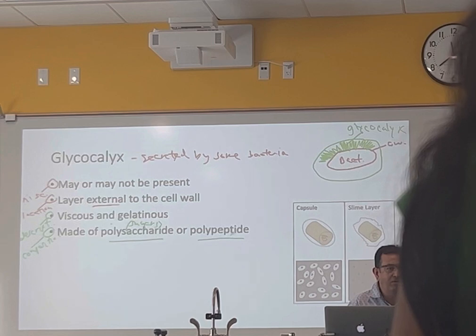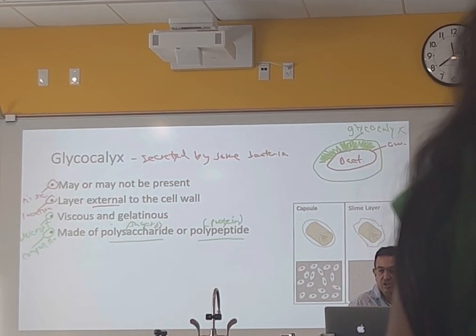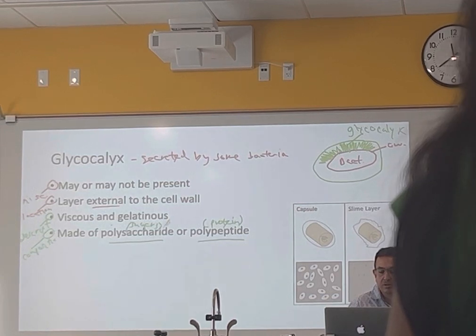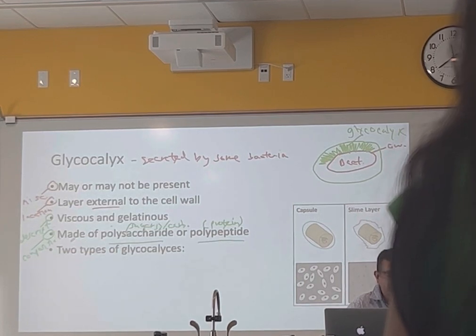Protein, right? Because remember, it's peptide bond, we talked about that. So yes, basically the glycocalyx can be a protein glycocalyx or a sugar, carbohydrate glycocalyx. Okay, if you're doing the chart, that will maybe go into the composition box.